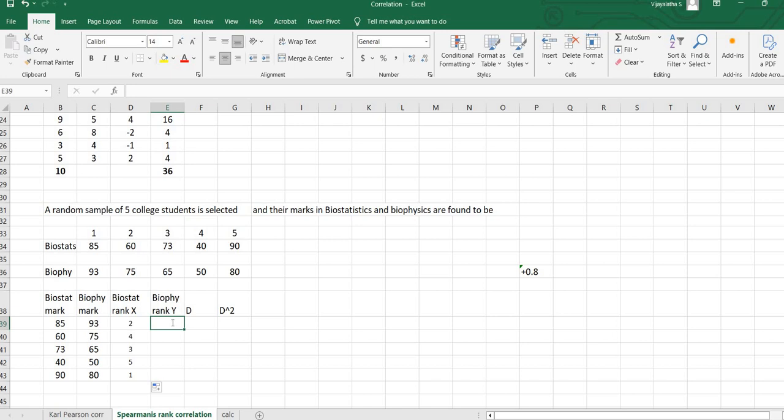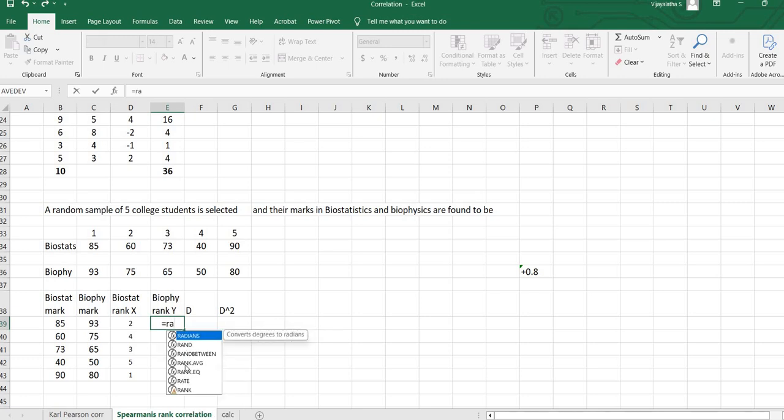Similarly for the next one, is equal to, again start with rank, choose rank average, then I need it for C39. Then again I have to give absolute references to the cells that have to be considered.